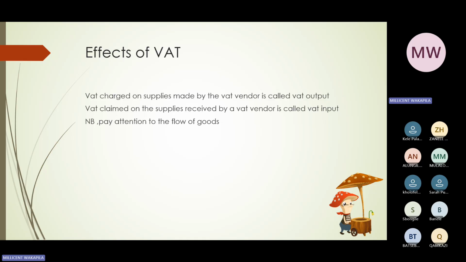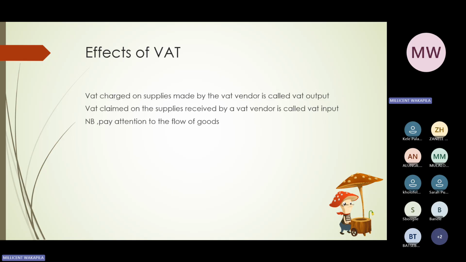The thing that you have to take note of the most is that the flow of goods is the one that helps you. Whenever the goods are going out, it's VAT output. Whenever the goods are coming in, it's VAT input. It can not only be goods, but also a service. Whenever you are delivering a service to somebody else, it's a VAT output.